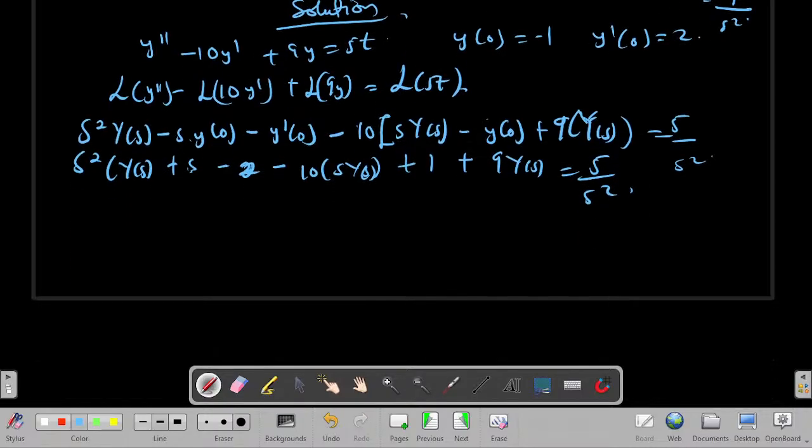At this point, what do we want to achieve? We only have to factorize Y of s. That's all. We want to put Y of s all into one bracket. Let me see if there is a need for expansion or simplification further. Yes, so this Y of s stands out.